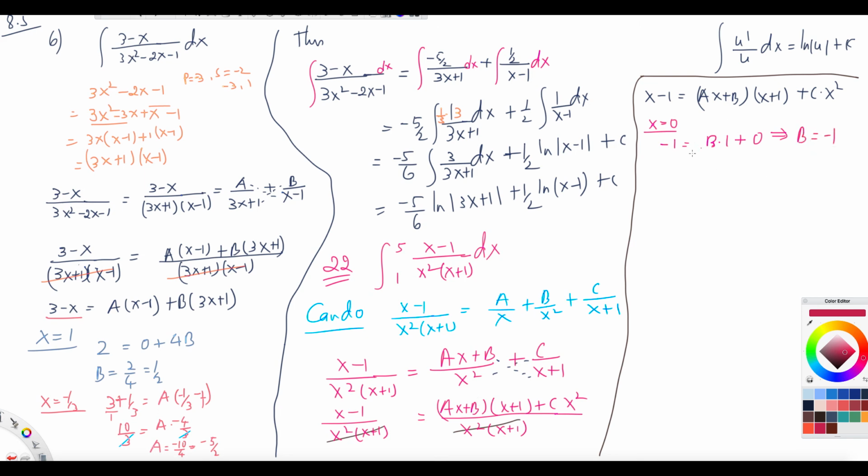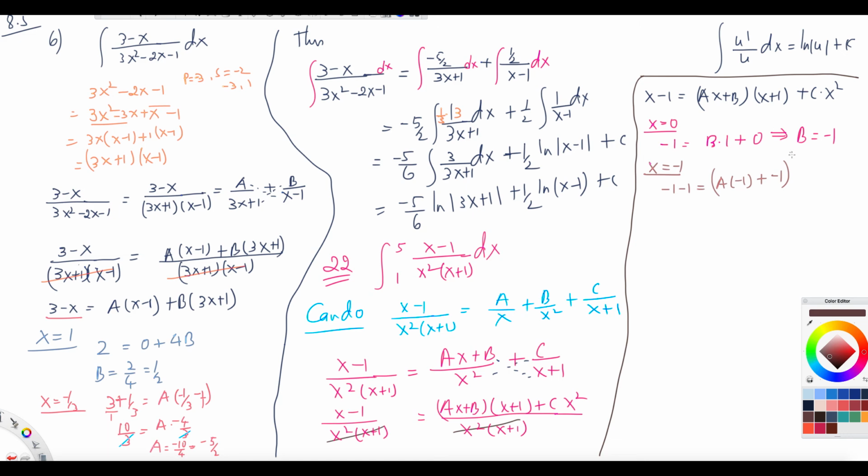Okay, so next I want to pick x equals negative 1. Why? Because I know that will make this factor 0, that whole thing will be 0 there. So if you do that, you will get on the left side negative 1 minus 1 equals a times negative 1 plus b, which is negative 1, right?